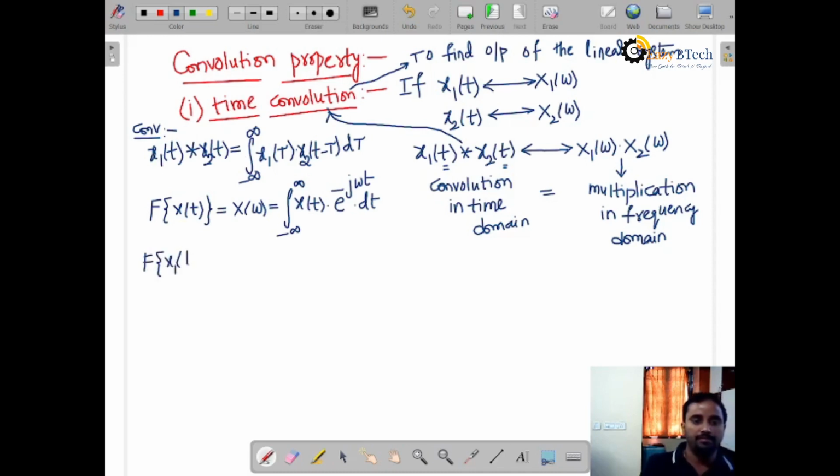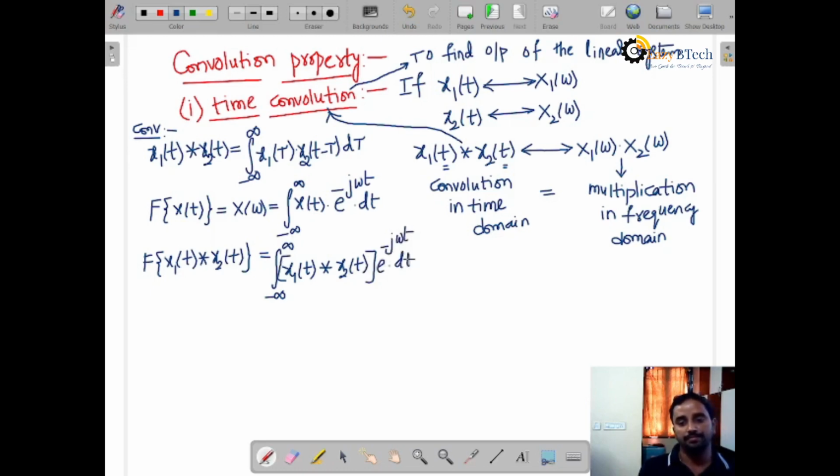So the integral from minus infinity to plus infinity of x1 of t convolved with x2 of t, into e to the power minus j omega t dt.